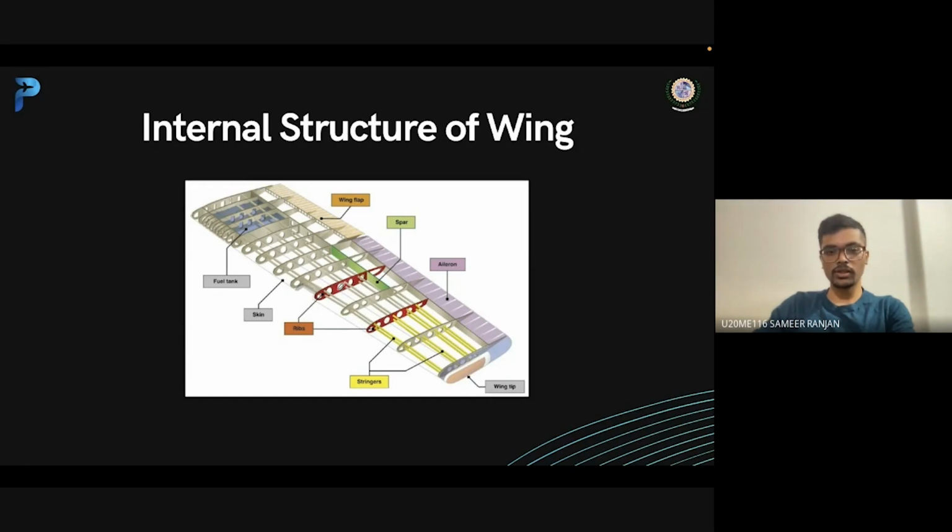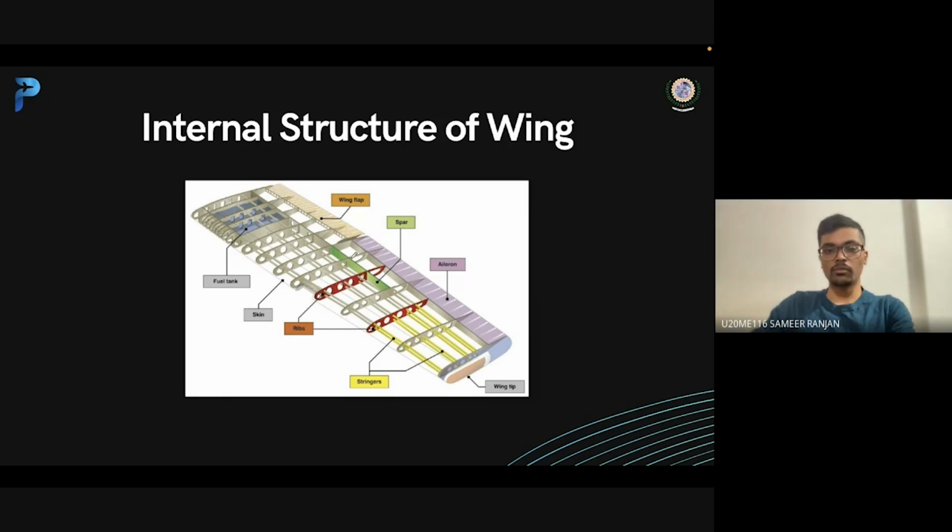In this you'll see there are plate-like things called ribs, and these plates are attached by rods called stringers, and over this whole system we put a skin, which you see with the naked eye, as you have seen in previous slides. So this is what the internal structure of wings looks like.